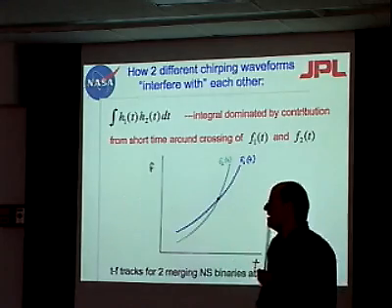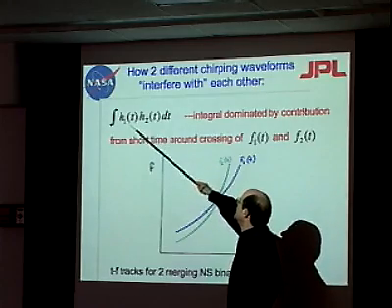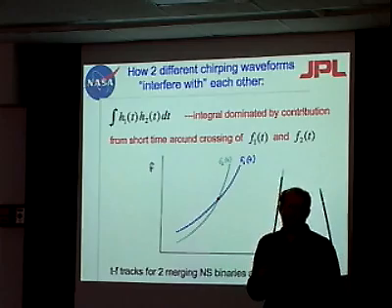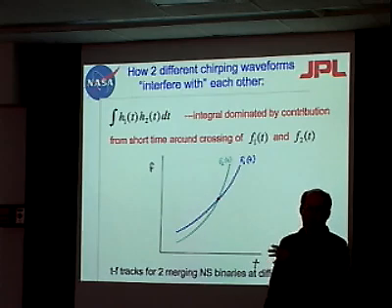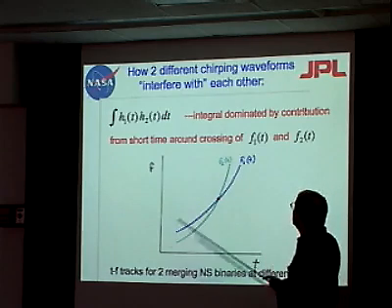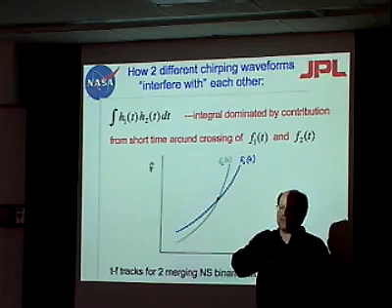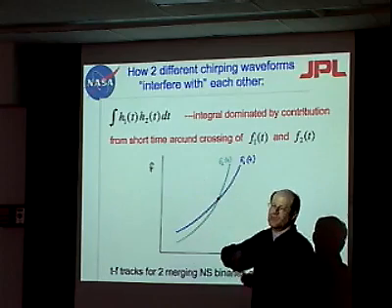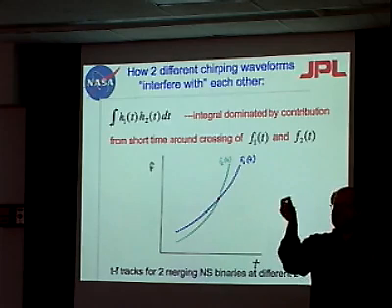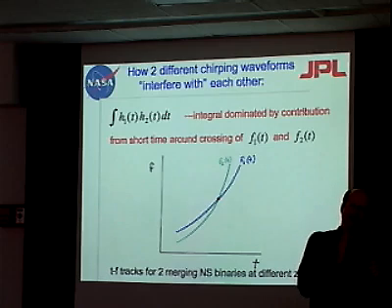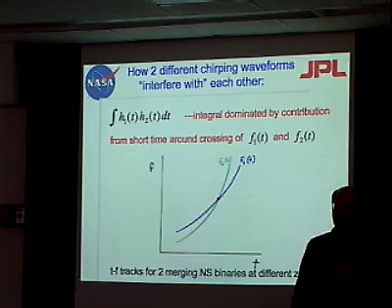So it's like doing, forgetting the weighting for a second, the integral of h1 of t, h2 of t dt. And I have two chirps here, and I'm looking at the frequencies of the two chirping waveforms. I claim that if you imagine this is some sinusoidal thing with a chirping frequency, and this is some other sinusoidal thing with a chirping frequency, the integral is almost completely dominated by that instant in time, those few hours of the year, where those frequencies are almost the same, near where they cross.